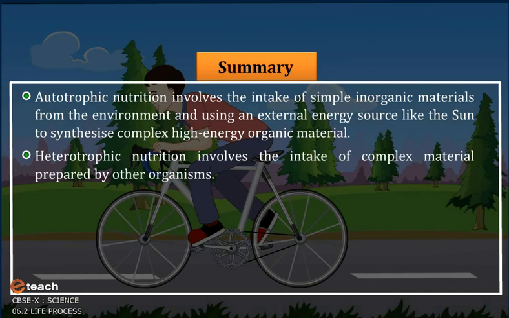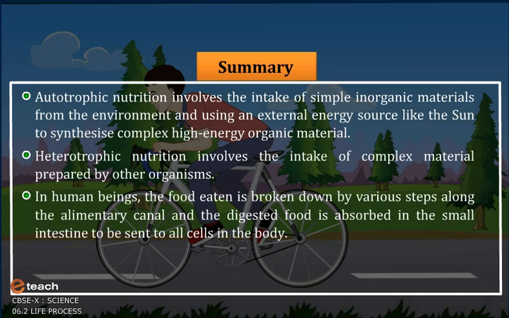Heterotrophic nutrition involves the intake of complex material prepared by other organisms. In human beings, the food eaten is broken down by various steps along the alimentary canal, and the digested food is absorbed in the small intestine to be sent to all cells in the body.